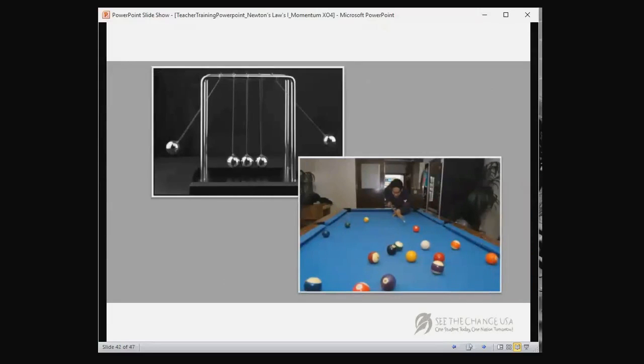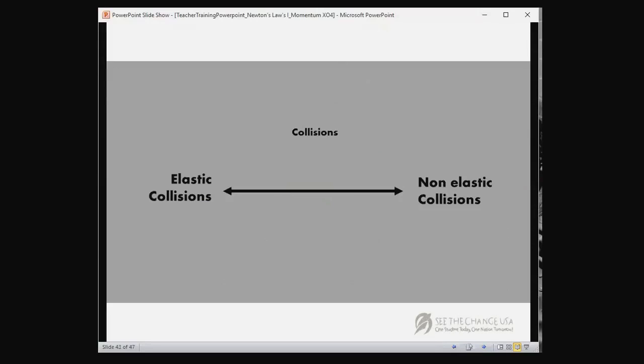Here are some popular examples of very elastic collisions: the Newton's cradle in the upper left-hand corner, and the game of pool with billiard balls. As it turns out, if we want to look at real collisions, they lie somewhere on the spectrum.